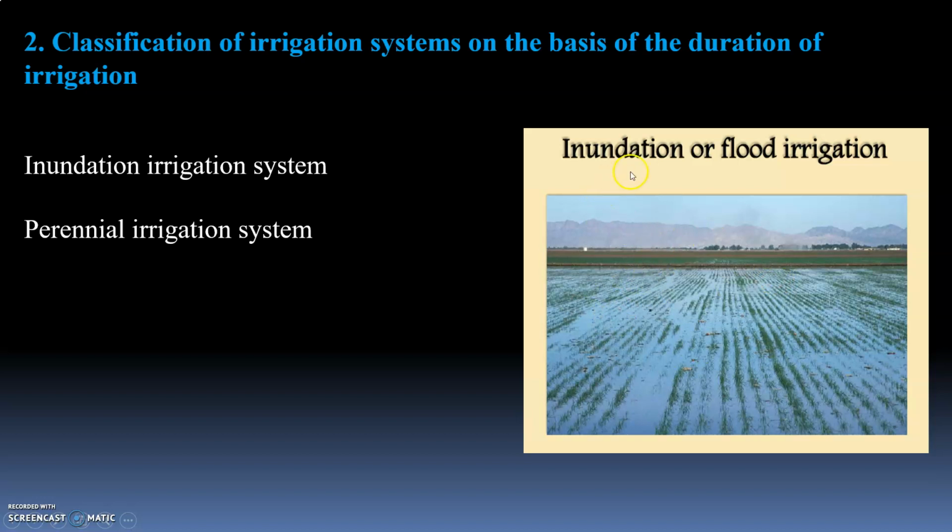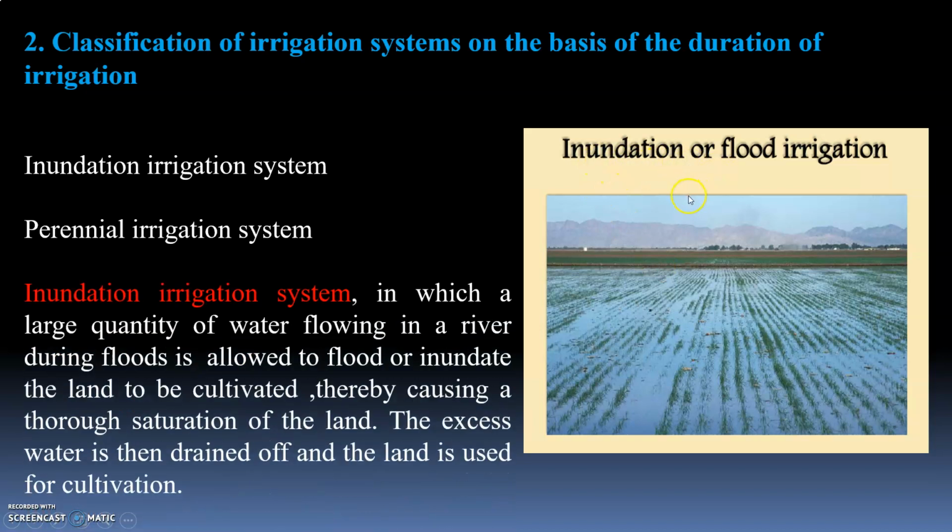This is inundation or flood irrigation, in which a large quantity of water flowing in a river during floods is allowed to flood or inundate the land to be cultivated, thereby causing a thorough saturation of the land.